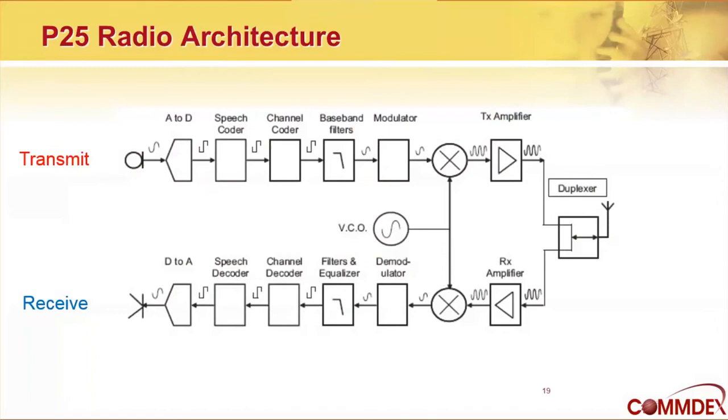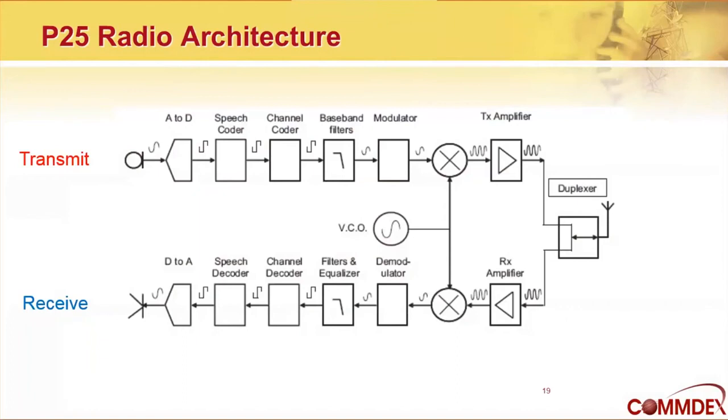The baseband filter will ensure that it fits in the required bandwidth. The modulator will then take that signal and modulate the RF carrier by mixing it with the voltage controlled oscillator in the mixer. The combined and modulated signal then goes out to the amplifier and then through the duplexer to the antenna.